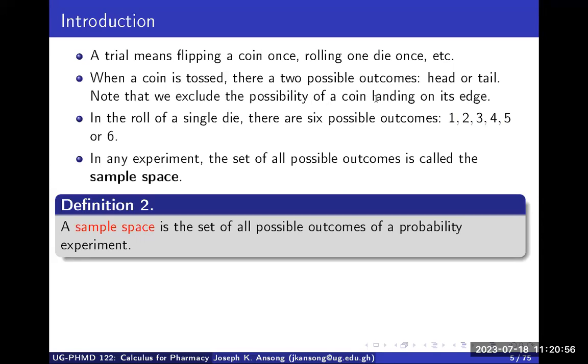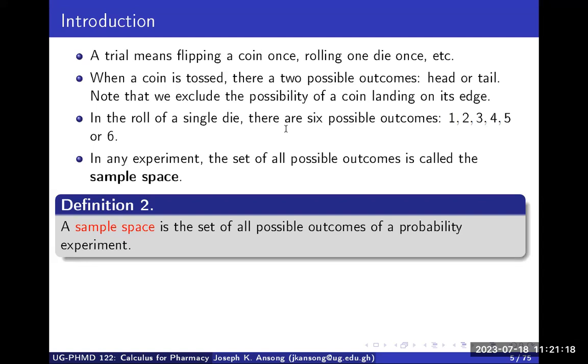We are assuming that it's going to land on the heads or tails. And then the roll of a die, there are 6 possible outcomes. If you roll a die, you've got to get a 1, 2, 3, 4, 5, or a 6. These are the 6 possible outcomes when you roll a single die. Okay.